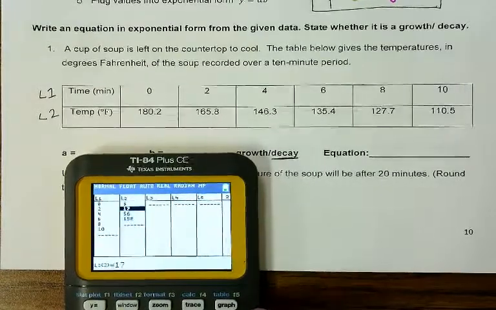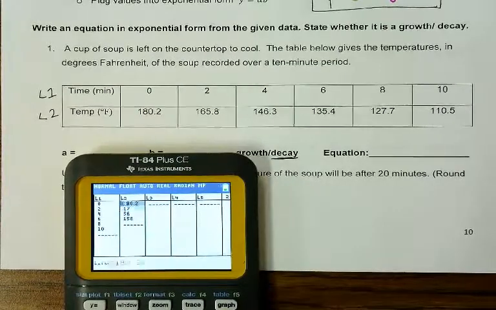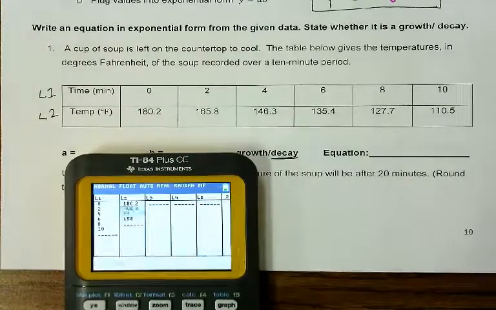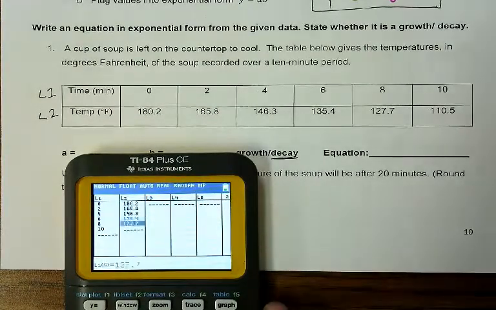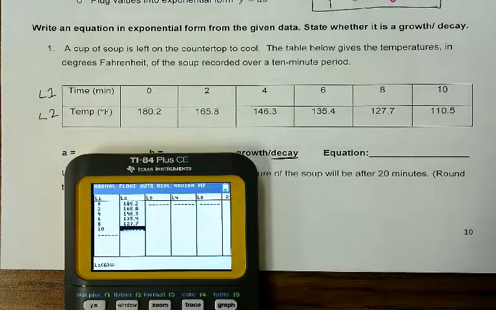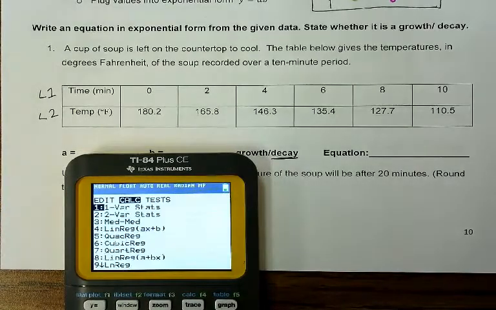And then 180.2, 165.8, 146.3, 135.4, 127.7. Oh, wait, I missed one. I missed 146.3. Oh, I just didn't do the last one. Okay, 110.5. Then you go stat calculate.